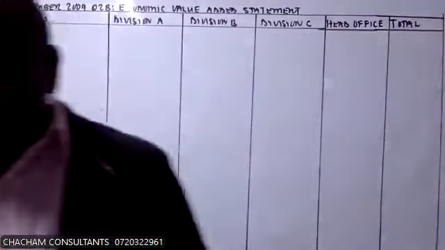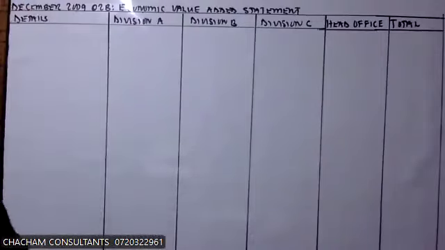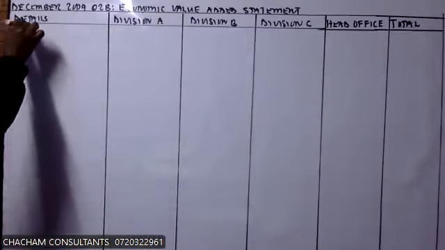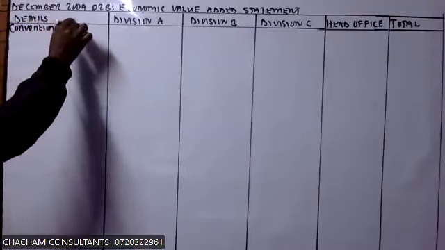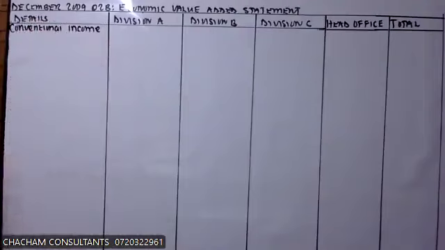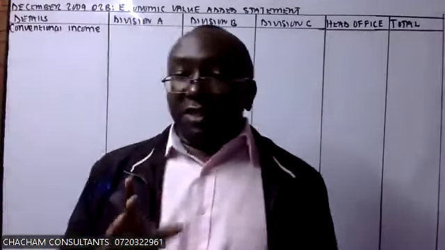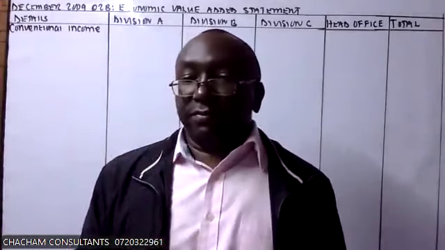So what you need to do, number one, is always to bring what we call conventional income. The conventional income is any figure in the income statement that has the word profit.